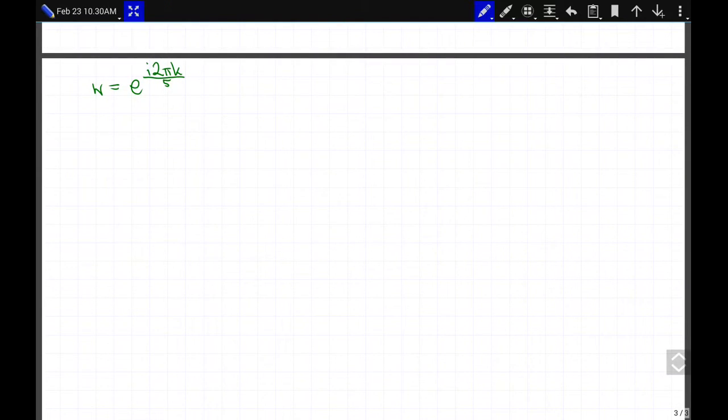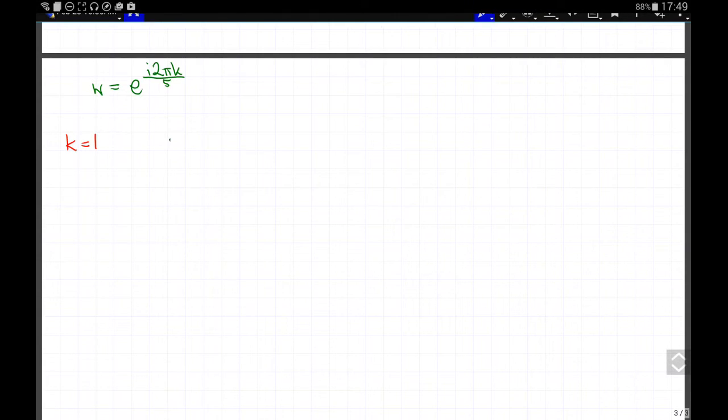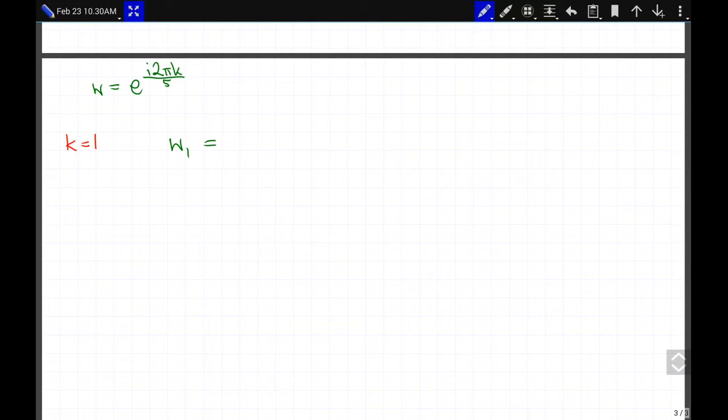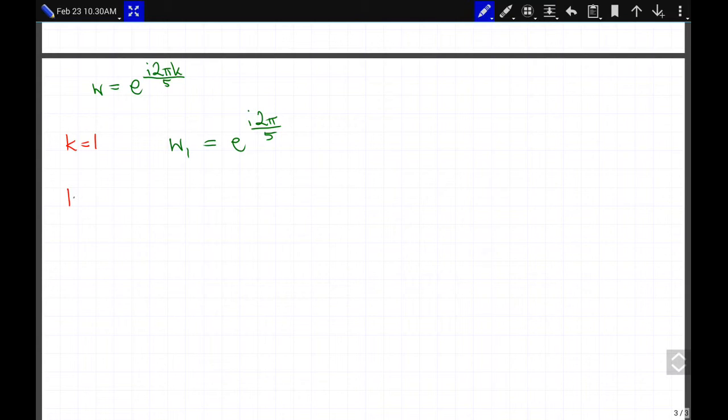Now, when k is equal to 1, we have w1 equal to e to the i 2 pi over 5. Then we're going to write k equals 2, 3, 4, 5.